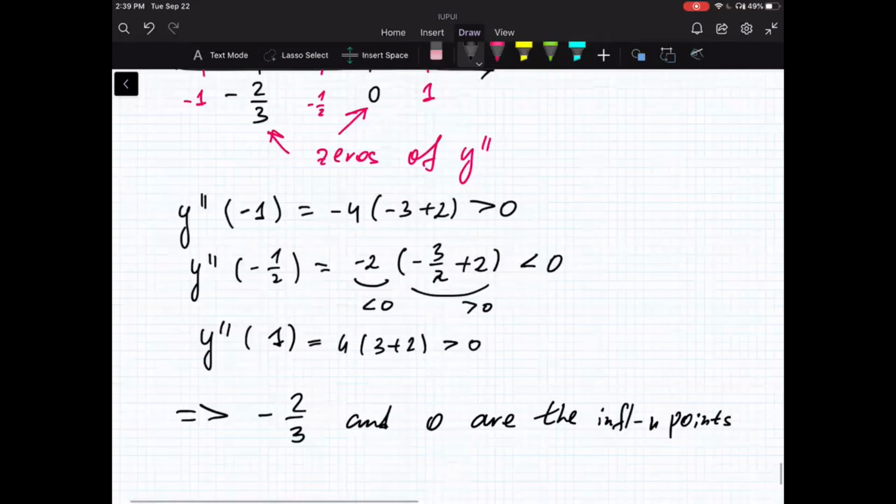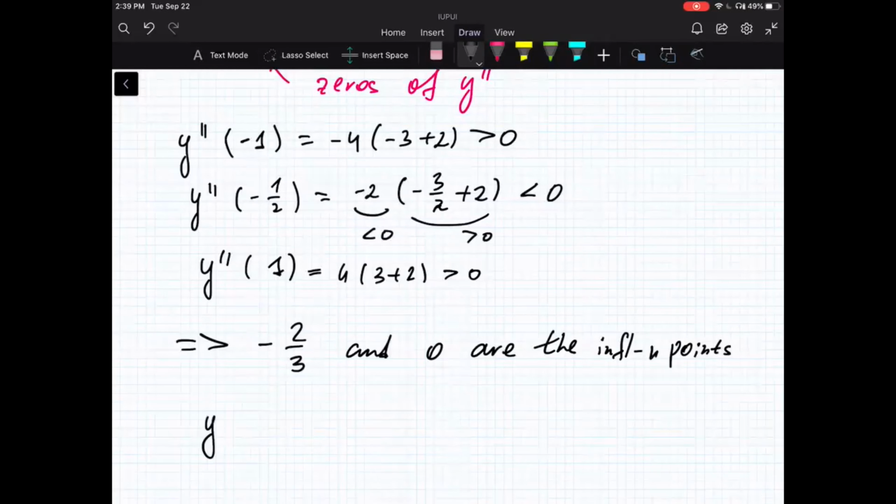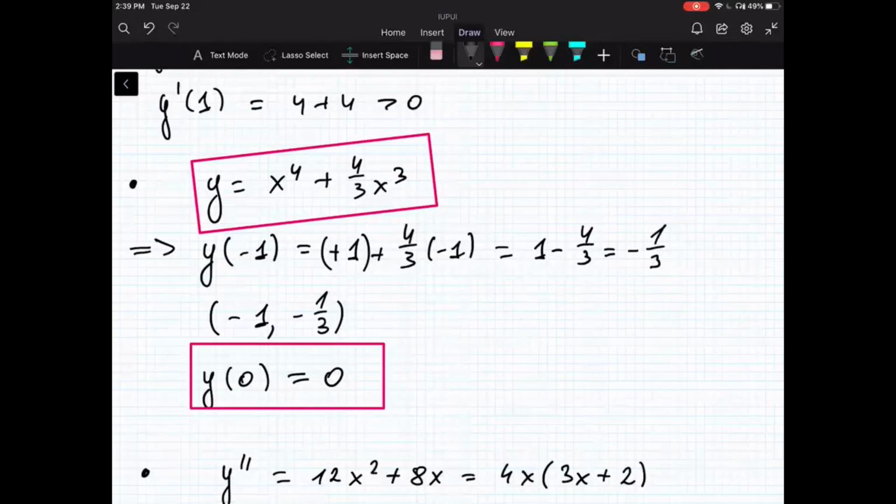What else should we do? We should again calculate the value of our function at that point. We already calculated y at -1, I think. Yes, this is our local minimum.